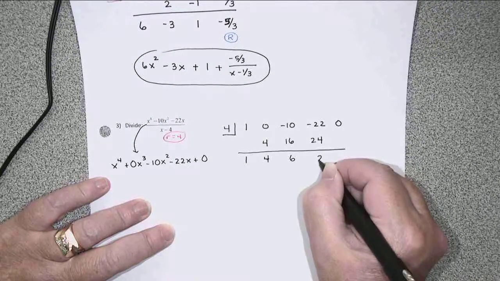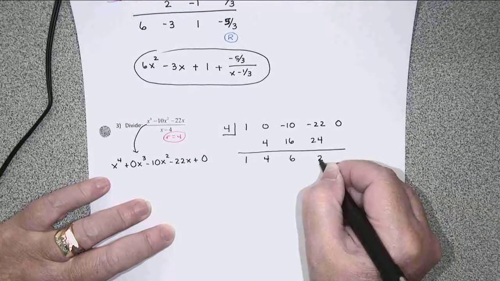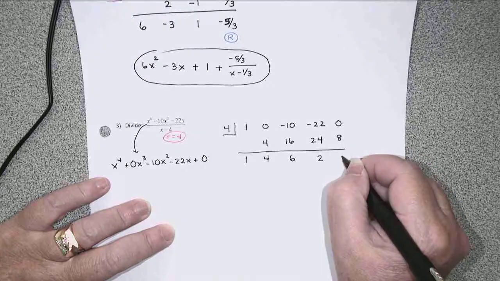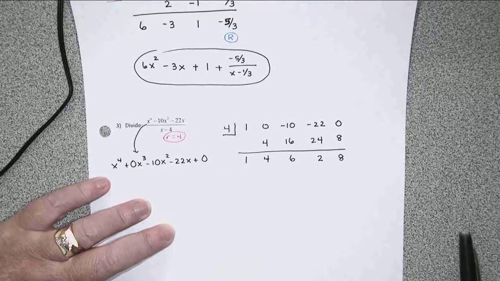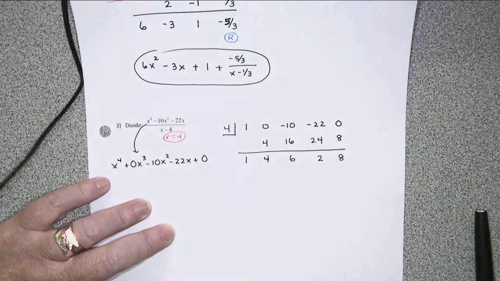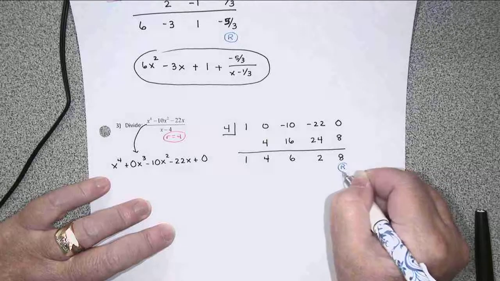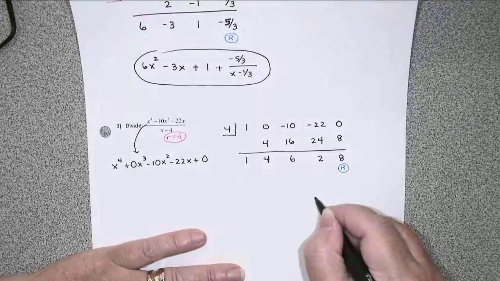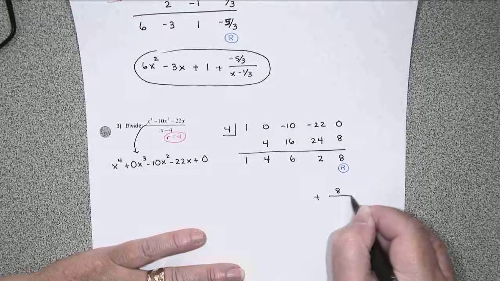Adding those gives me 2. Multiply 2 times 4 is 8. And 0 plus 8 is 8. Once again, this last term is always the remainder, so once again it did not come out evenly. I've got a remainder of 8. I'll write that in fractional form.